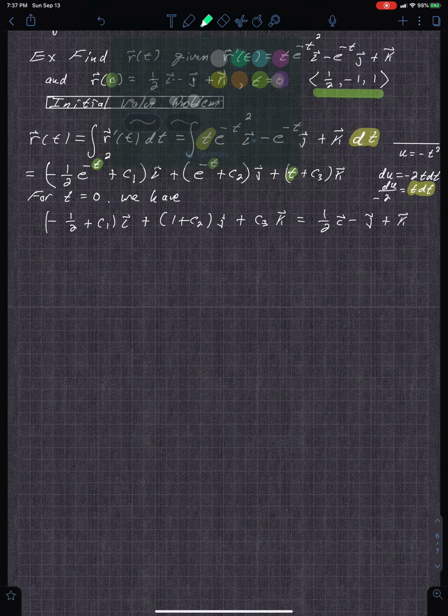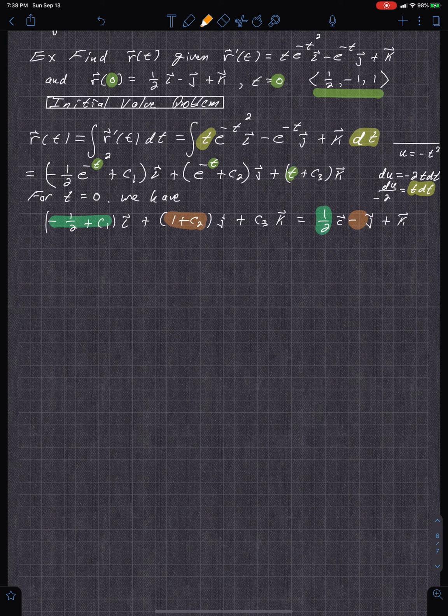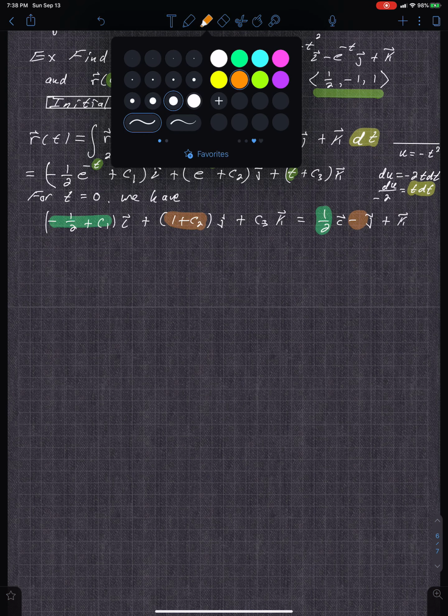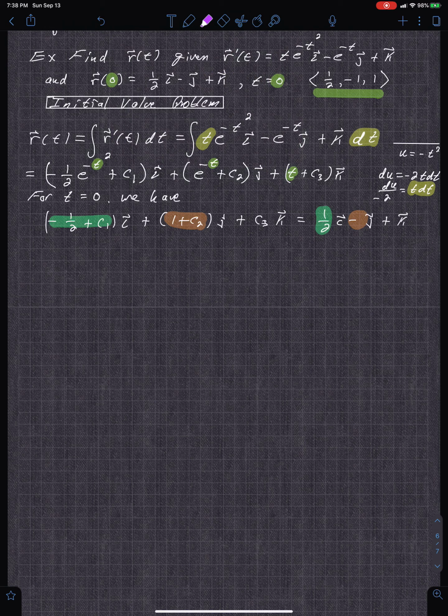So what you have then, all of this is 1/2. All of this is negative 1. And then c3 is 1. So then you solve for it.